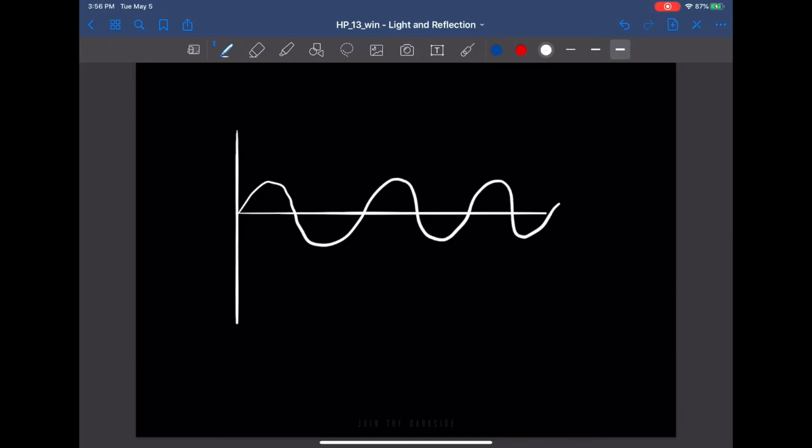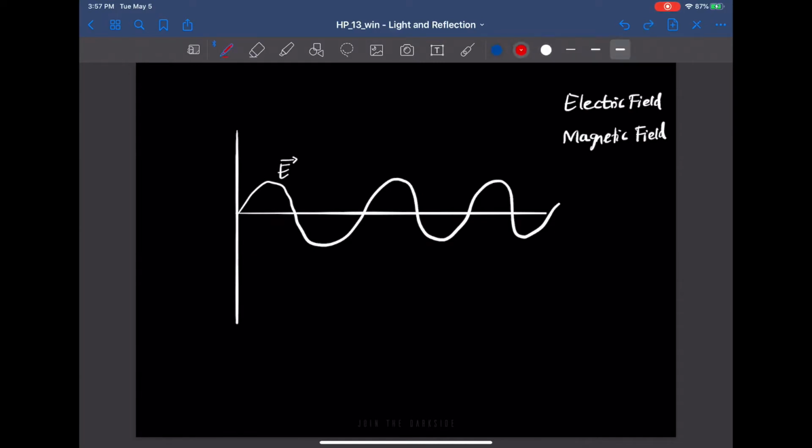But a light wave is a combination of two fields. You have an electric field and a magnetic field. If you consider this to be the electric field, E bar, then there should be a magnetic field. The magnetic field is generally perpendicular.